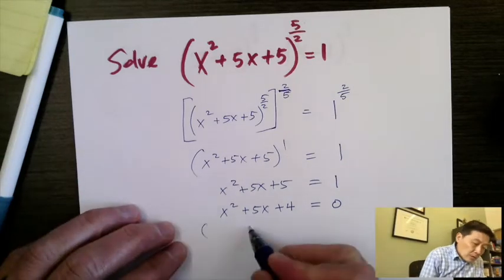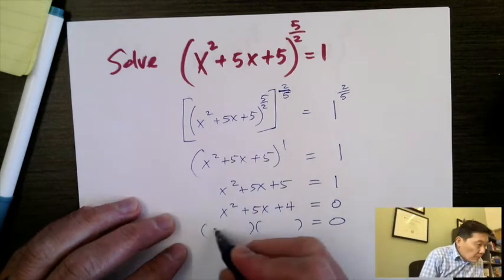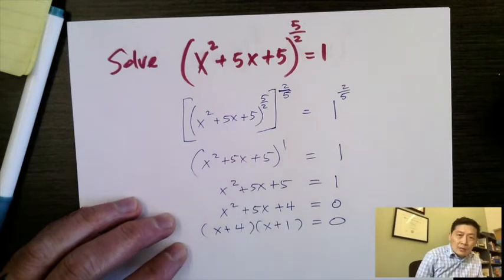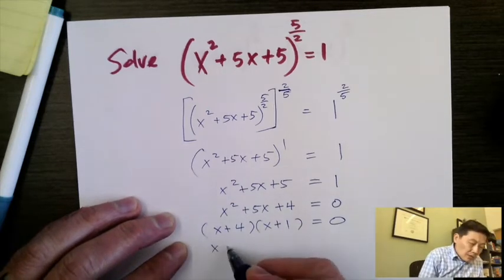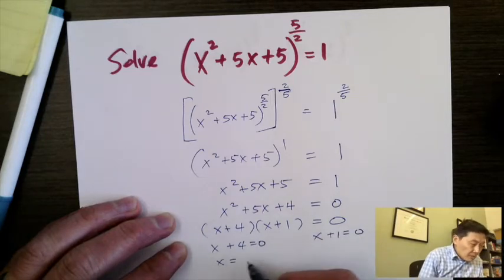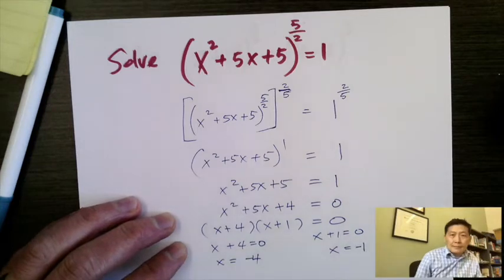So you can factor this and set it equal to 0. So we know that this can be x plus 4 and x plus 1. Which means that x plus 4 is equal to 0, x plus 1 equal to 0, x is equal to -4, and x is equal to -1.